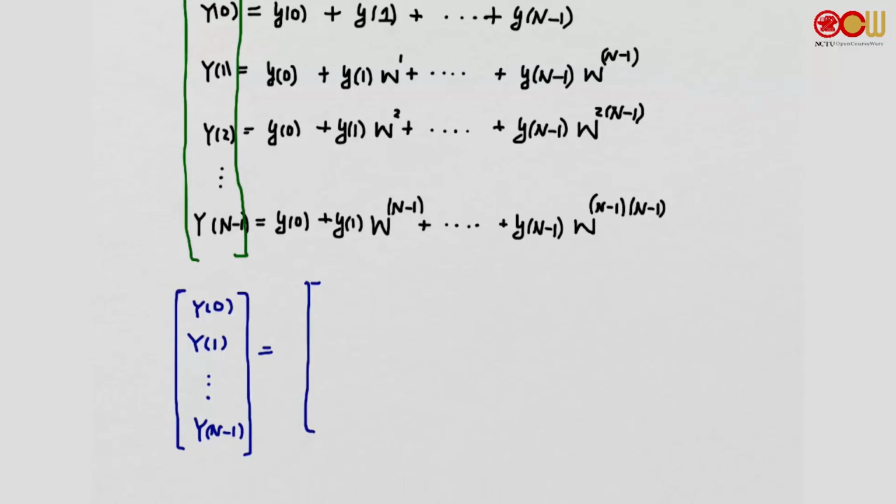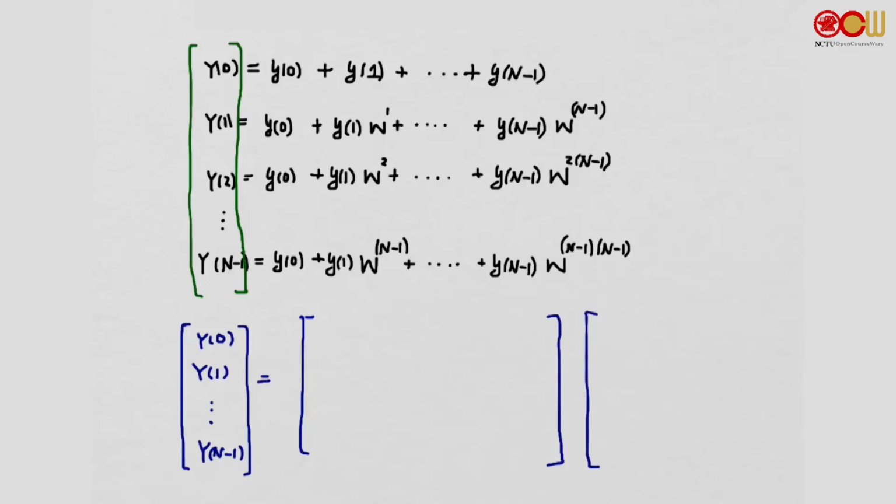As we can see, each equation is actually a linear combination of the time domain samples y0, y1 to yn minus 1.